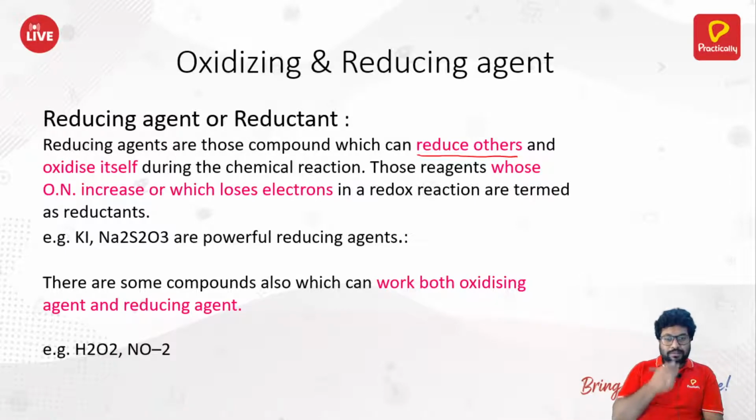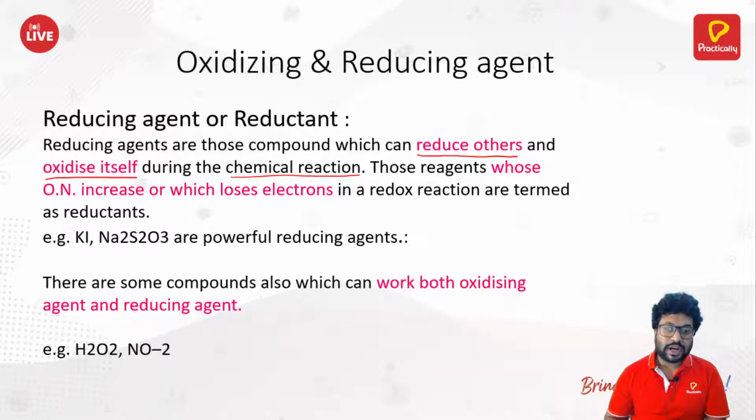Reducing agents are those compounds which can reduce others and oxidize themselves. See, this will always be the thing. If you are reducing someone, you will get oxidized. If you are oxidizing some other agent, you will get reduced. The reducing agents are those compounds which can reduce others and oxidize themselves during a chemical reaction.